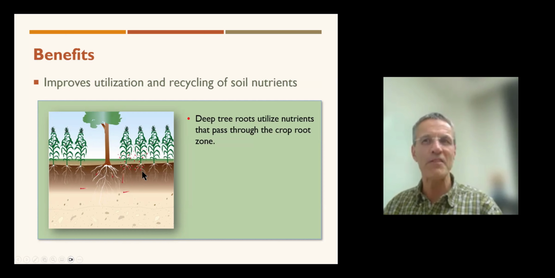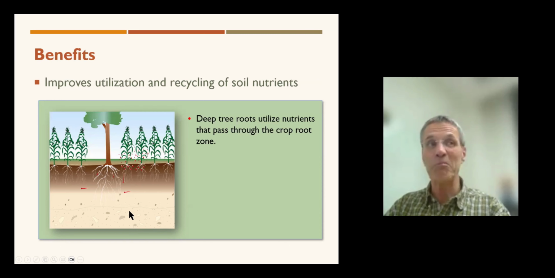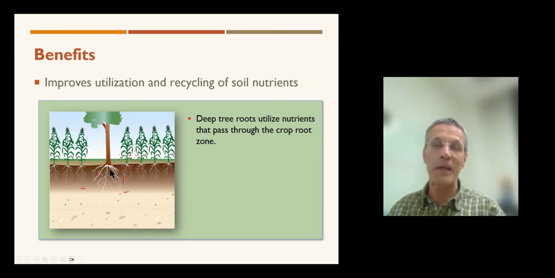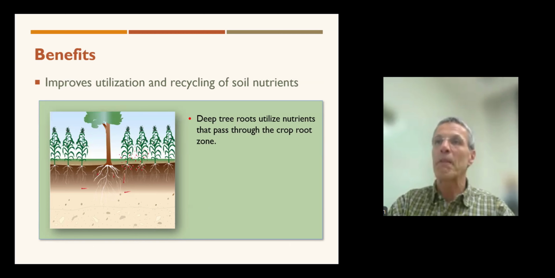So if the crop is not ready to pick up all the nitrates that are applied, then very quickly they leach out of the soil. In almost every agricultural system in the world where there's a lot of nitrogen applied, you'll have very heavy environmental damage because of that leaching. But if you have a root system that can pick up some of that and convert it back into biomass, that obviously is a positive thing.